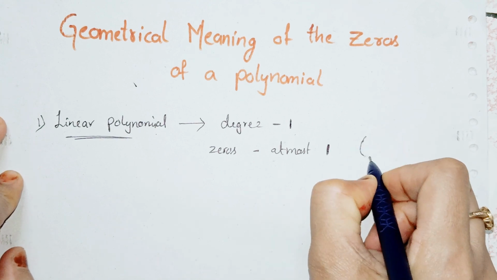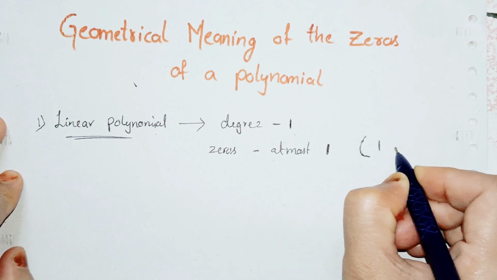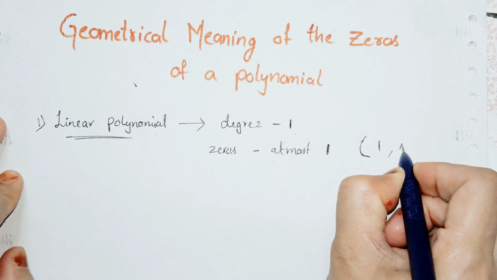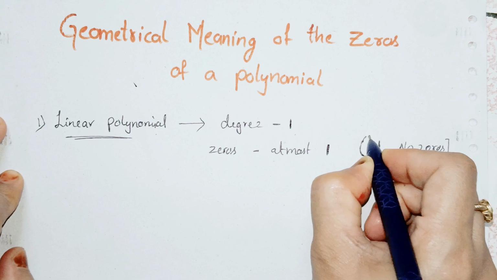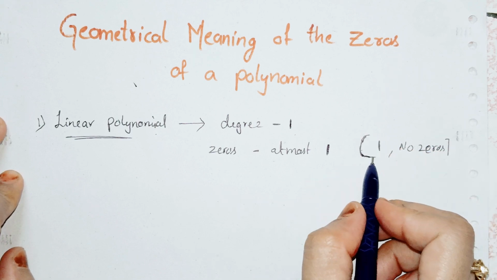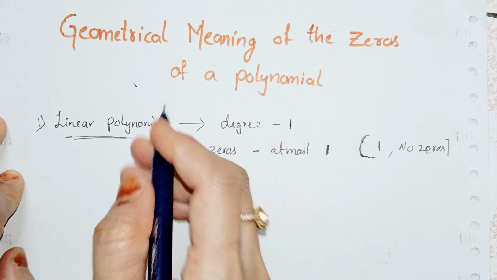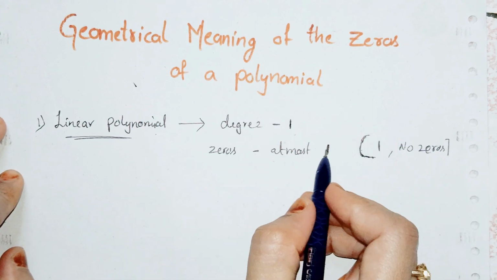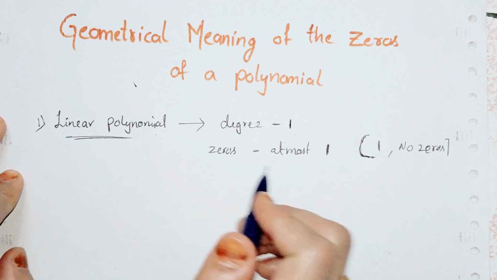At most 1 means you will get 1 zero, and sometimes you will get no zeros also. Here at most is nothing but maximum. You may get 1 zero, or sometimes no zeros may occur.